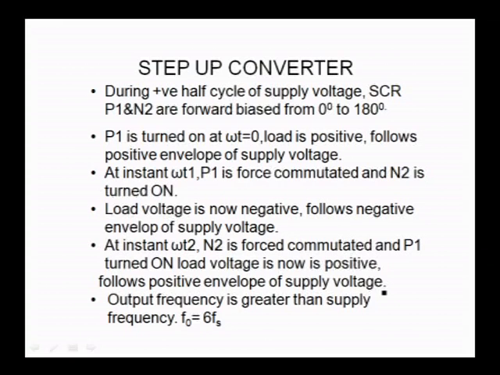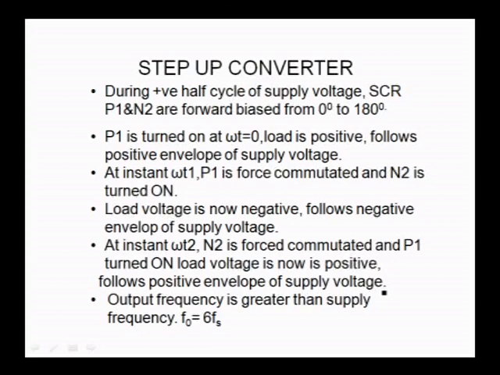The load voltage is now negative, follows the negative envelope of supply voltage. At instant omega t2, N2 is force commutated and P1 is turned on, and voltage is now positive and follows the positive envelope. This is how we are getting the positive and negative parts of the output waveform.